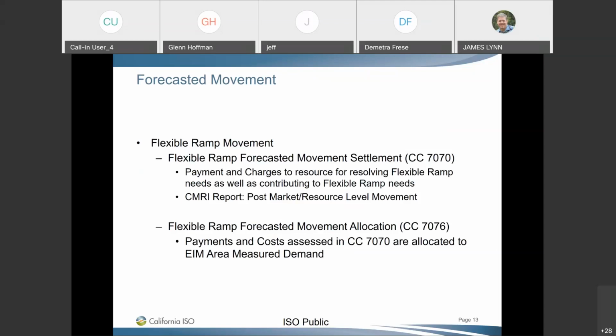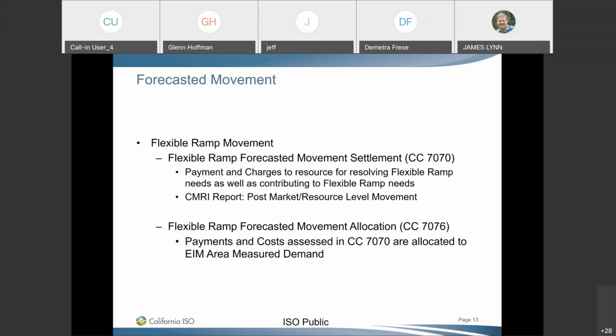So therefore, it may be in that particular interval you get charged, because the opportunity cost we have is we have to hold some resources back for providing downward capability in future intervals instead of allowing them to be dispatched down now. And so a resource going the opposite direction of the net load is more than likely going to get a charge for this particular charge code.